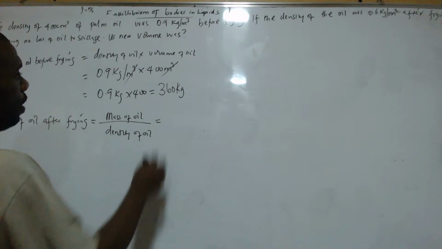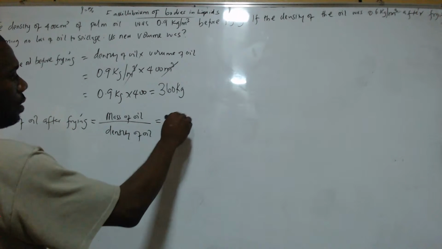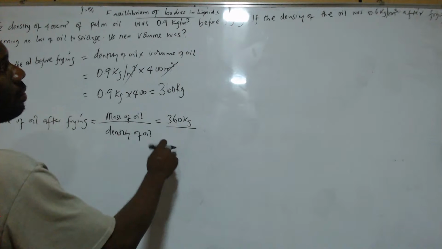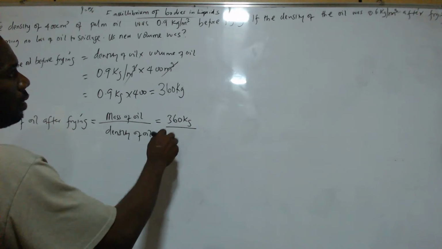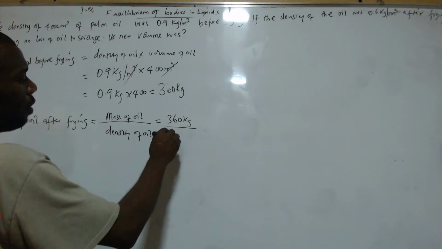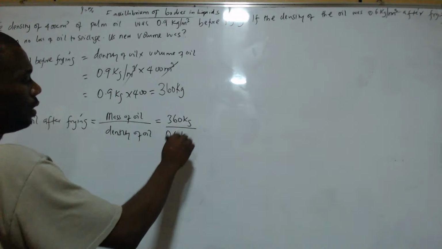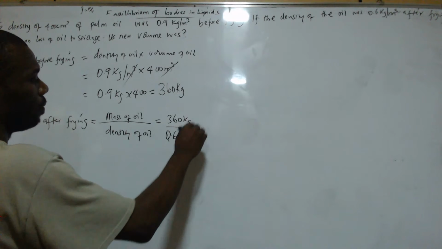So our mass was 360 kg, all over our density was 0.6 kg per meter cube.